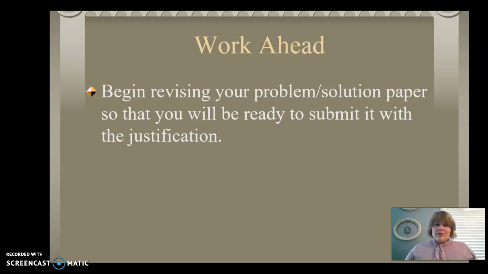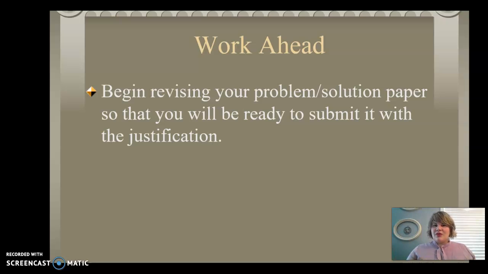I hope to have your problem solution papers graded by Friday of this week. As soon as you get notification that your problem solution paper has been graded, you want to go ahead and start revising that paper, because you will put the justification paper into the same document.